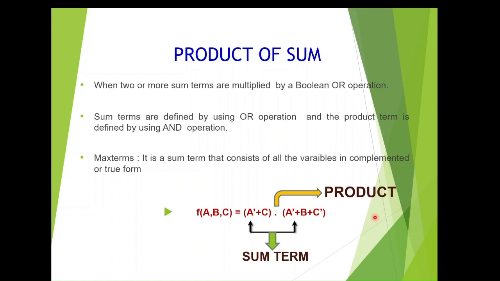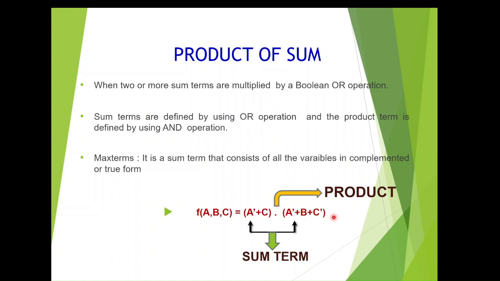The next type of Boolean expression is product of sum. Take this example, f of ABC is A dash plus C times A dash plus B plus C dash. Here, this is one sum term and this is another sum term, and we are taking the product of both. This type of expression we call product of sum.